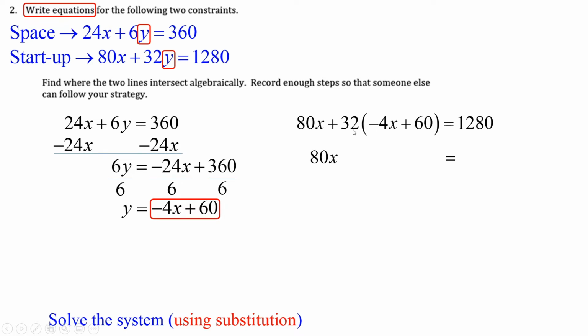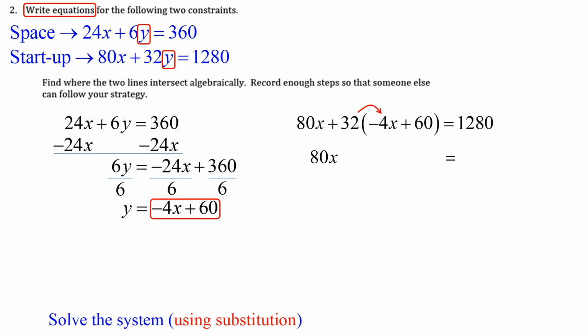So what is 32 times negative 4x? Well, negative 4 times 32 would be, oh my, where is my calculator? All right, well here, I'll use my iPad, and you could probably do this in your head too. All right, but let's be careful here. Negative 4 times 32, give me a second. Calculator, all right, clear.